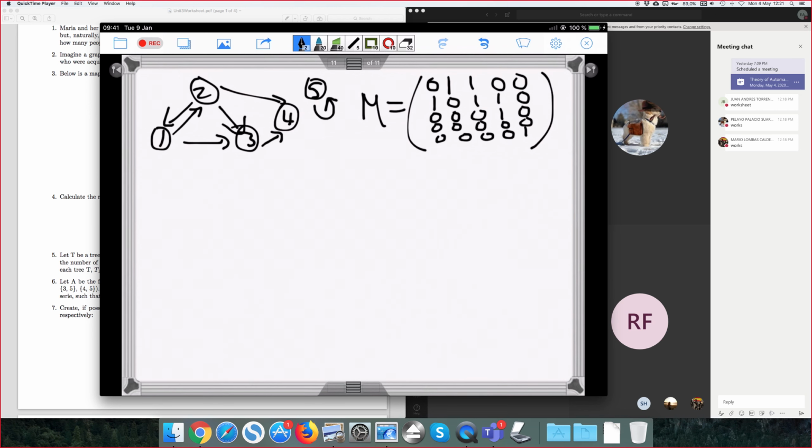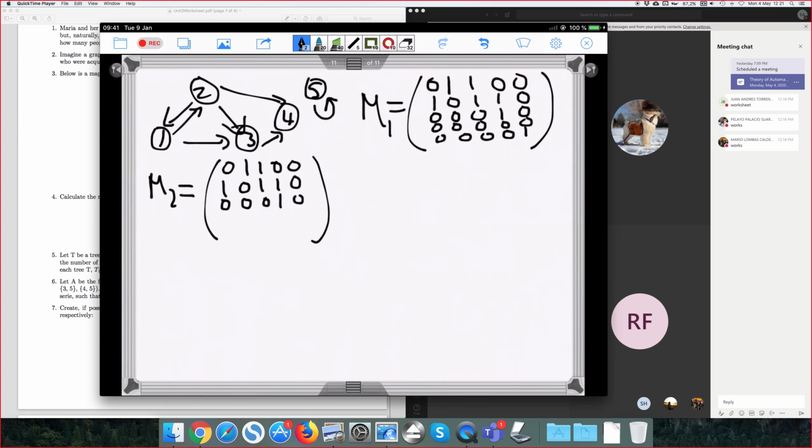And this matrix is what we call the adjacency matrix, and also the one order reachability matrix, the matrix that tells us what are the paths of length 1 in the graph. And you know that in order to compute M2, I need to compute the square of this matrix. I need to multiply this matrix times itself.